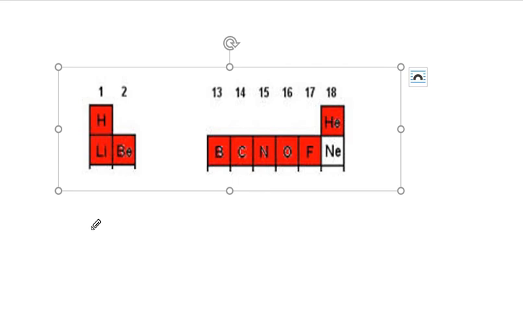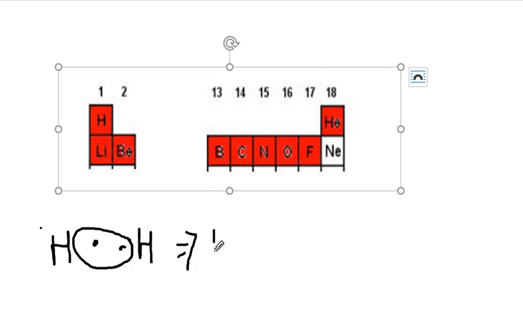And duet rule is where the number of electrons in the last shell is 2. Let's say I take one example, hydrogen, which has 1 electron, and another electron, like this. If they join together, they form H2. Now they have 2 electrons in the last shell.